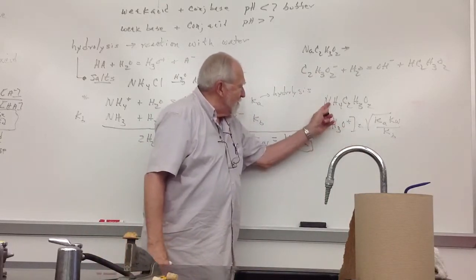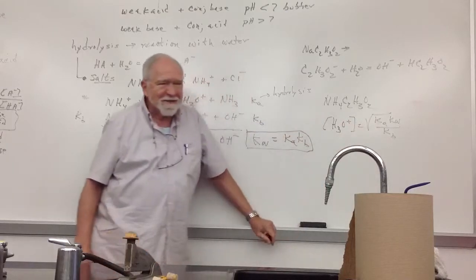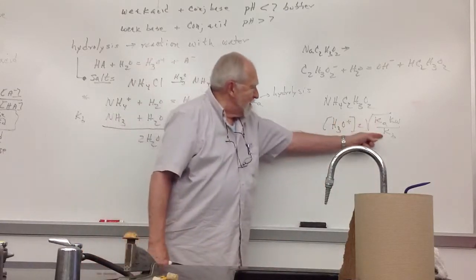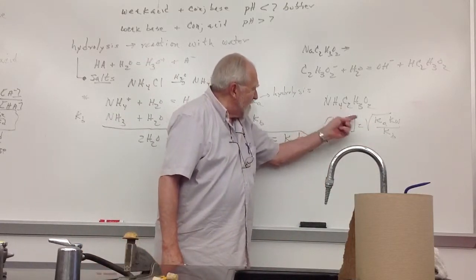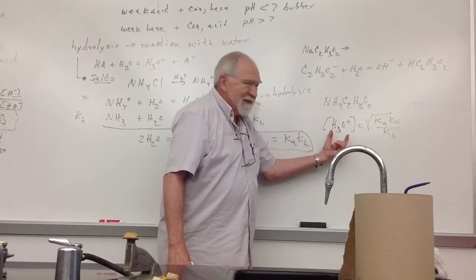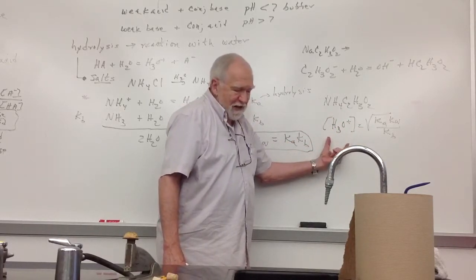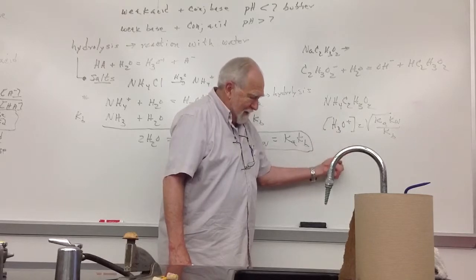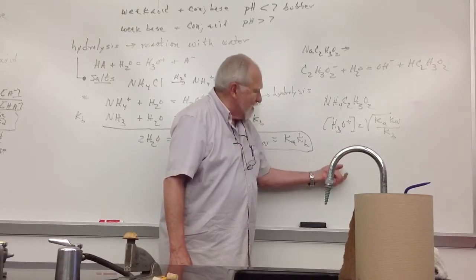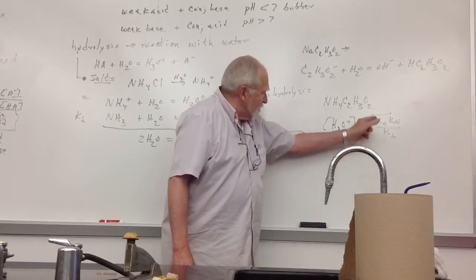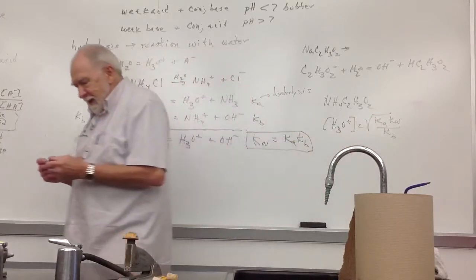This is the Kb for the weak base. Kw. This number is bigger than this number. In other words, it means the acid is stronger than the base. You get an acidic pH, something like a hydrogen ion bigger than 10 to the minus 7. I gotta say this right. pH less than 7.